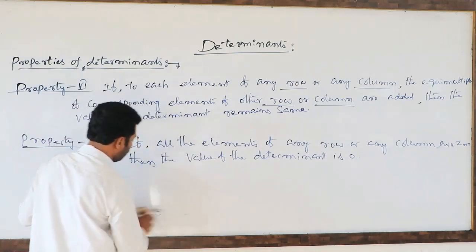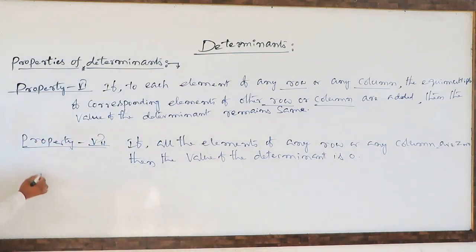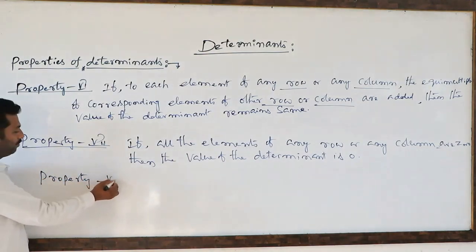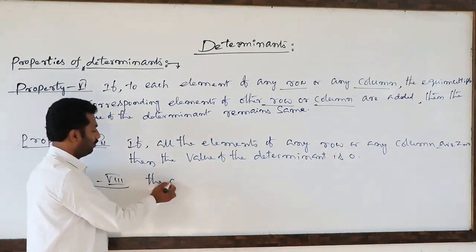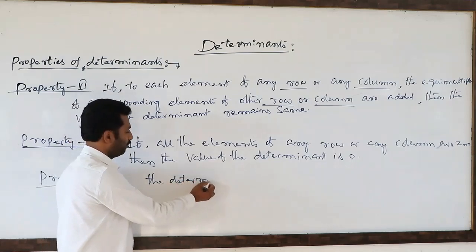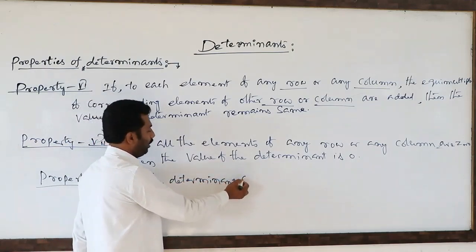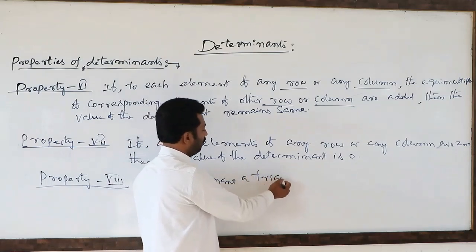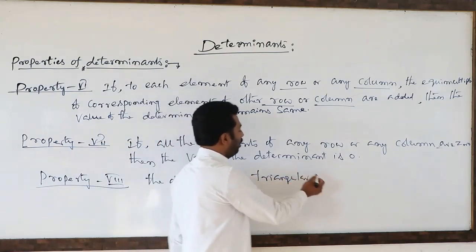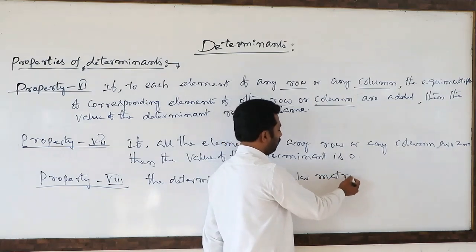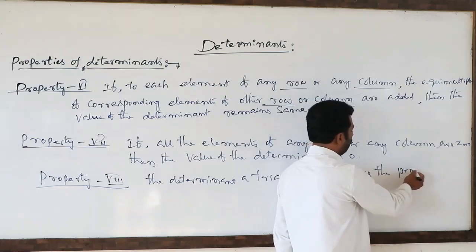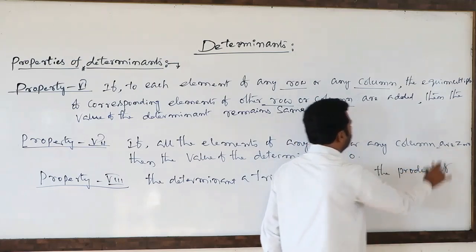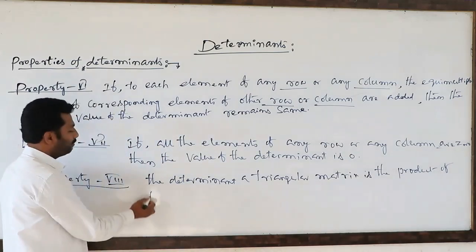Next, the determinant of a triangular matrix is the product of principal diagonal elements.